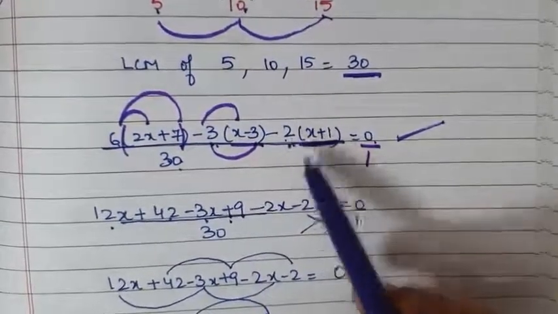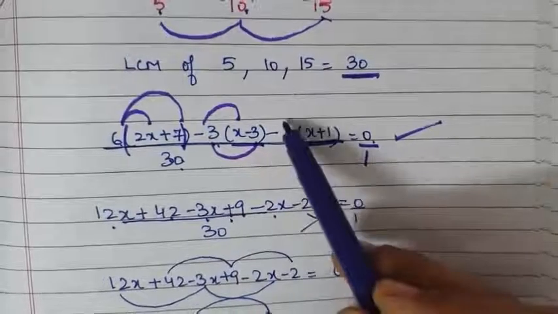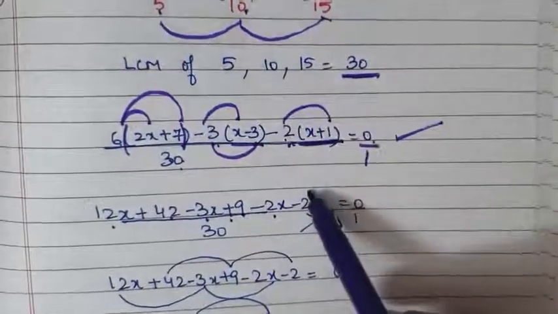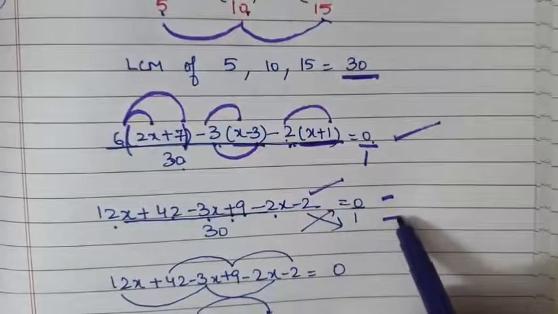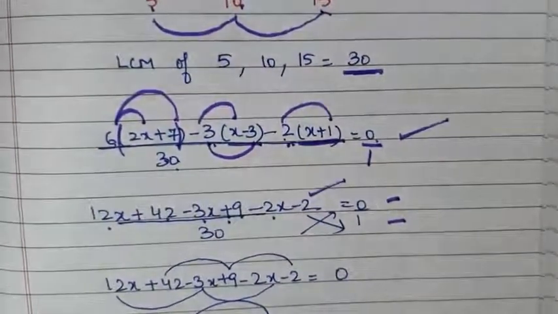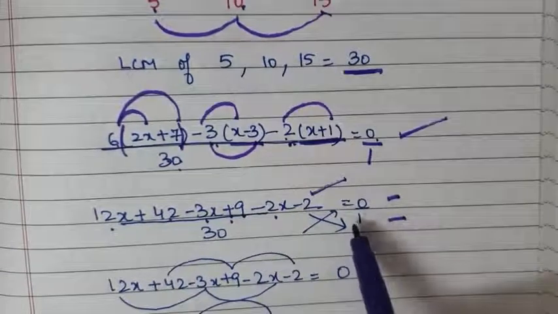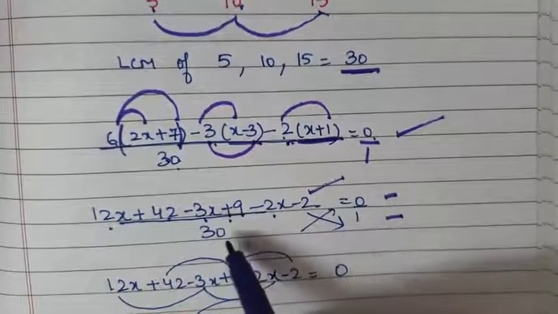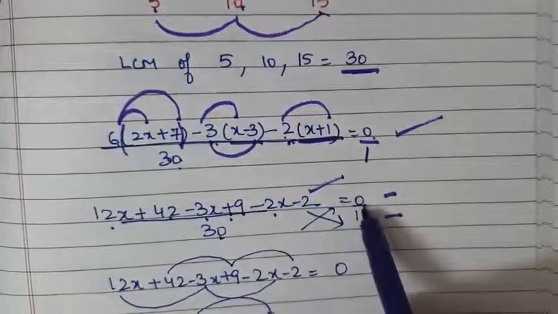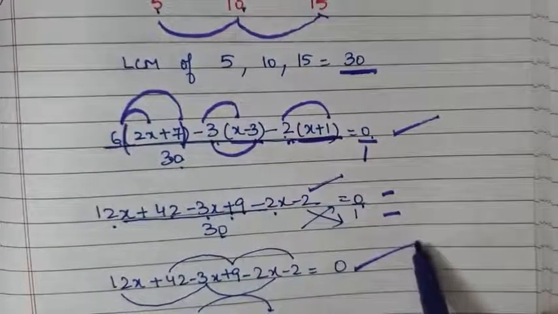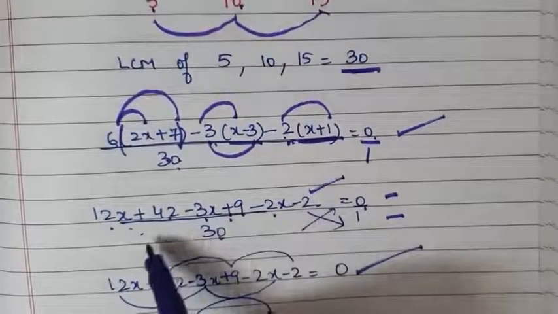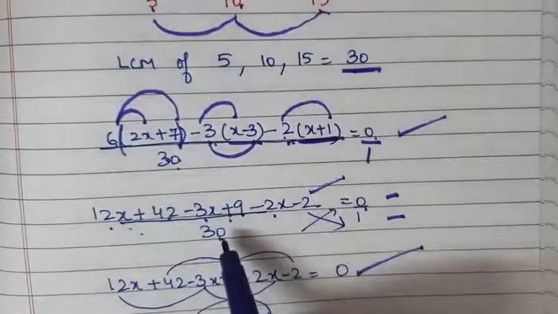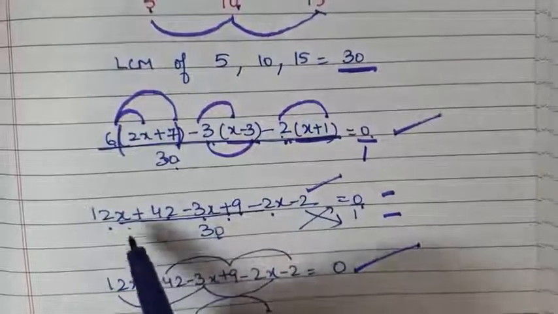Minus 2 into x, minus 2x, minus 2 into 1, minus 2 is equals to 0 upon 1. Now you can do the cross multiplication also. Now 30 into 0 will give you 0. Now combine the terms having variables and then the constant term.